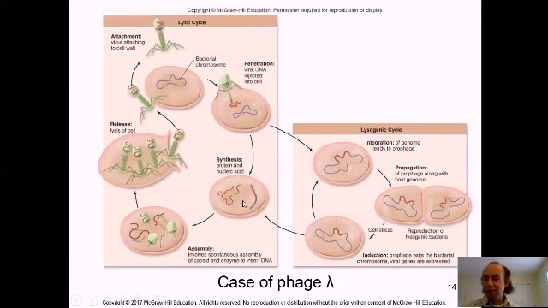Then the bacterial cell starts to produce the proteins and nucleic acid of this virus parasite. Then it's going to assemble new viruses, and new viruses come out and destroy the cells. So the lytic cycle is just a cycle of destruction. They get into the bacteria and start to replicate, and the bacteria is destroyed. That's it, the lytic cycle.